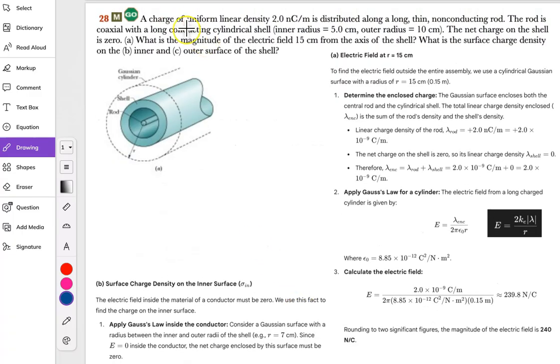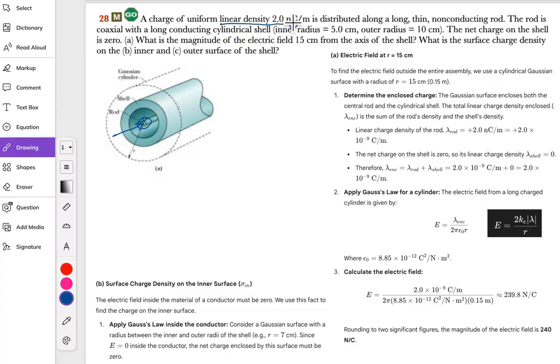And this one is a uniform linear density of 2 nanocoulombs per meter distributed along a long, thin, non-conducting rod. So the rod is this thing on the inside, and it has all of the charge on it.